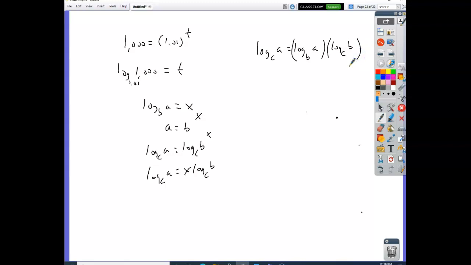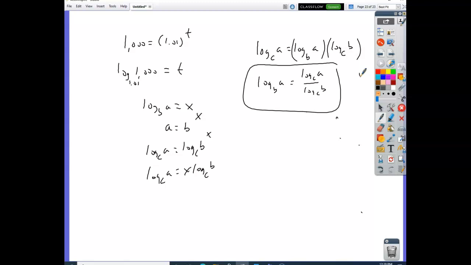If I move this to the other side, I get log base B of A is equal to log base C of A over log base C of B. This is called change of base. One of the more fascinating things a log can do, which makes no sense at all if you think about it until you see the proof and you go, well, I guess I have to live with that.